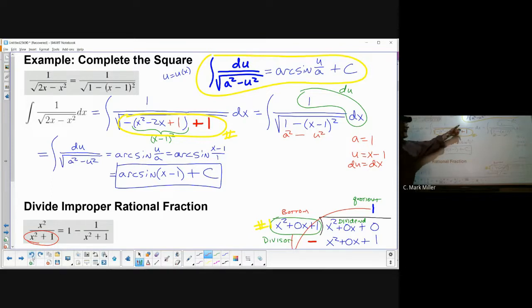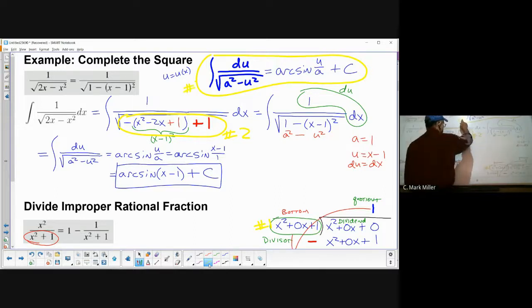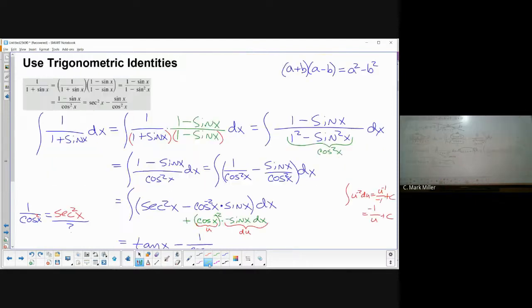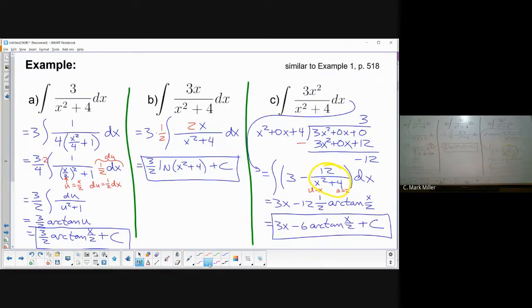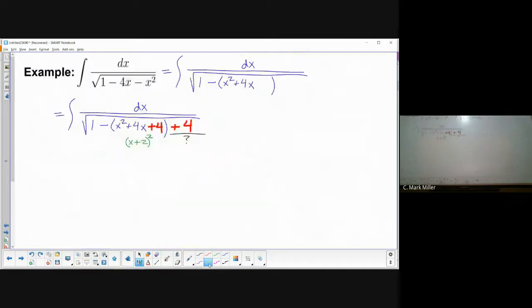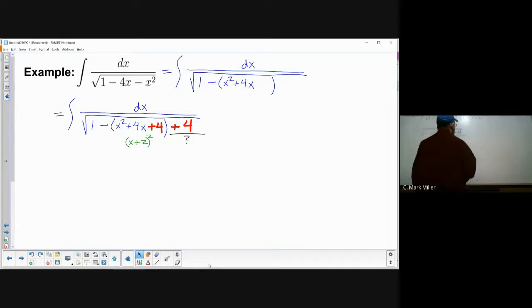And so I have to add a 1 to compensate. And so this right here is a definite hotspot. All right, here's hotspot number 1 there. There's hotspot number 2. It's an algebra technique. So what does that give us? 4 plus 1 is 5. So we do it this way.